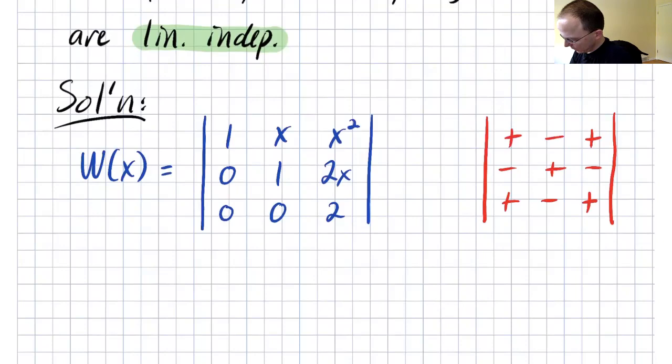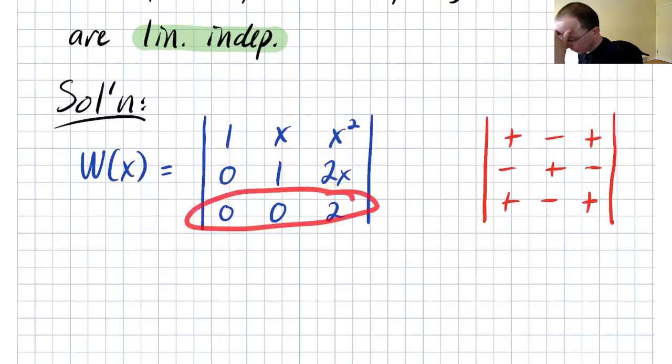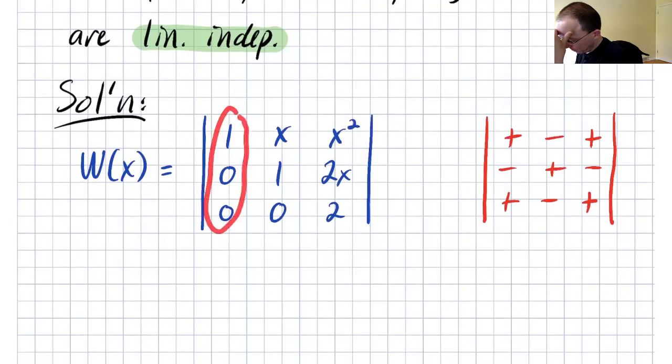So how do we do this? So we have a choice, actually. We can either expand this determinant along any row. So we could use this row to do the cofactor expansion, or we could use this row, or we could use this row. So we have a choice. Any of these rows we could use. We could also use a column. So we could expand using this column, or we could use the second column, or we could use the third column.